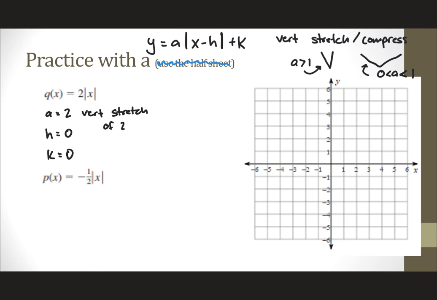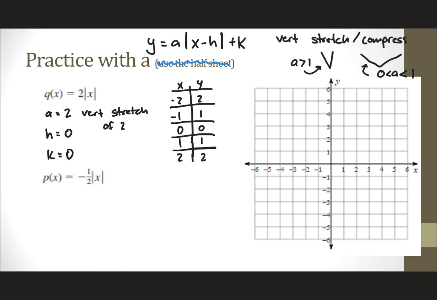Now, how do we do that? Excellent question, I hear you ask. What we're going to do is we are going to create our parent function table. I told you to come back. It's back. So -2, -1, 0, 1, and 2. How can I do it this fast? Well, I have memorized. If you have this memorized, you'll go fast too.